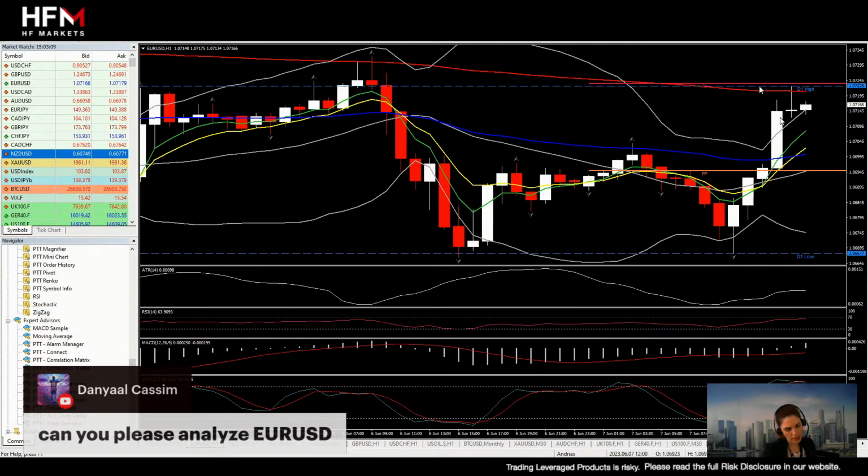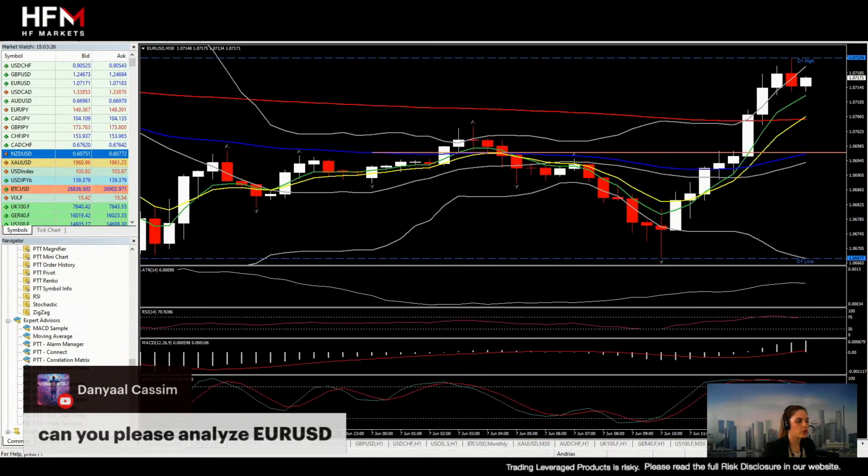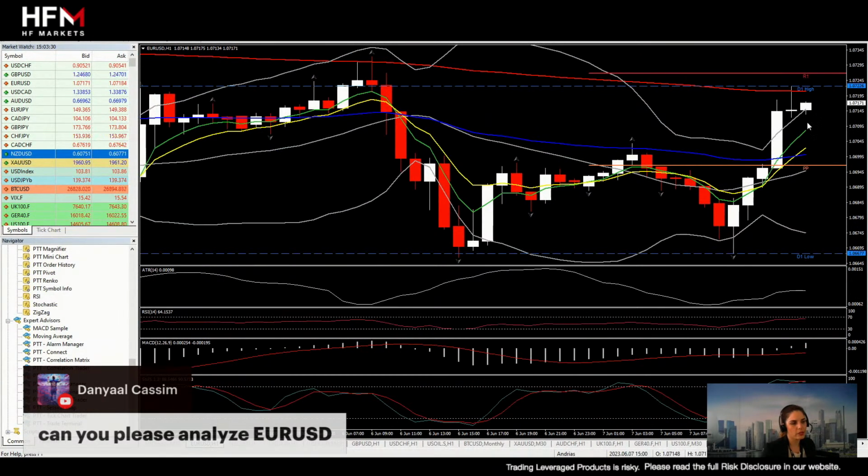But it ran out of steam already with a doji candle. So now we're waiting to see whether there will be a pullback or whether we might see an evening star formation being formed in this 1 hour chart. So it will be very interesting to see how this candle will close.